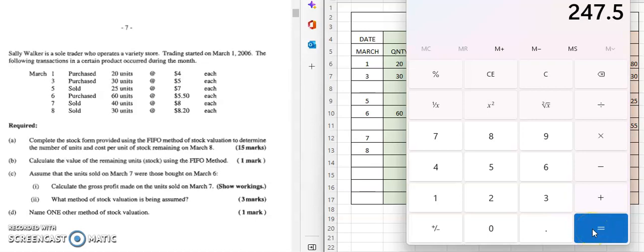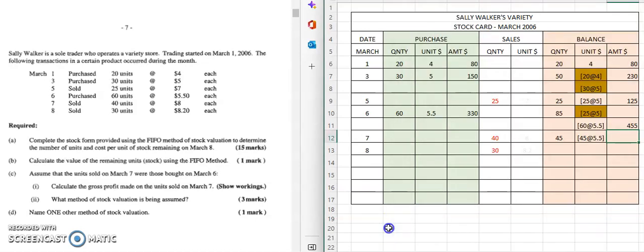Actually, it's 247.5. All right. And then finally, on March the 8th, she sells 30.